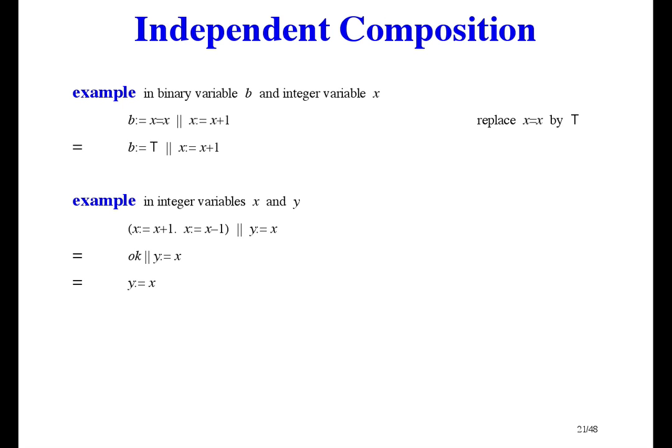The point of the example is that you might worry that by bad luck of timing, y gets the intermediate value of x between the two assignments to x. But that doesn't happen. An intermediate value is local to a dependent composition. Exists x double prime. So it cannot be seen outside the dependent composition.